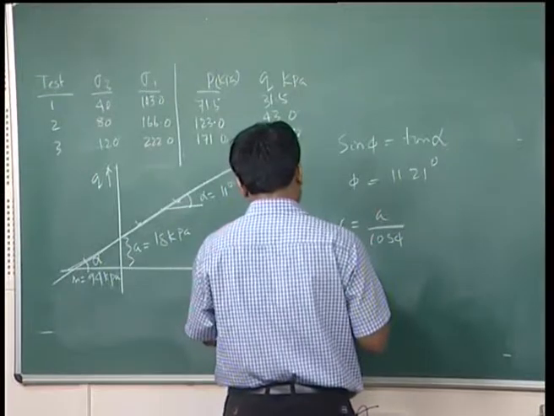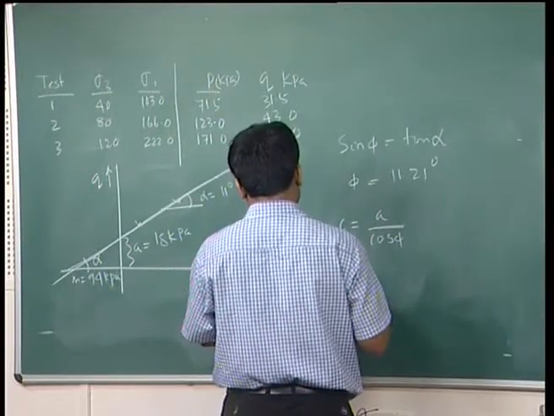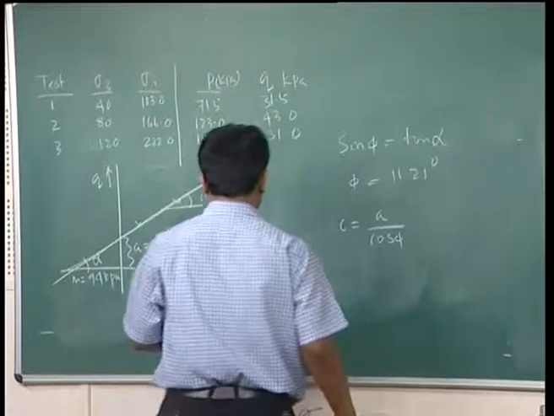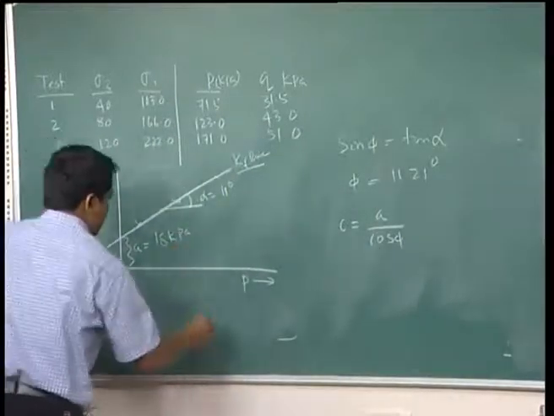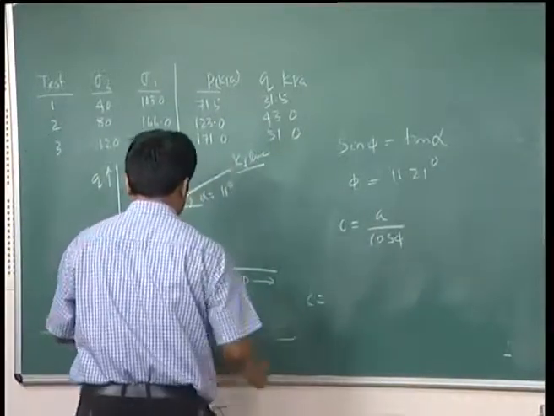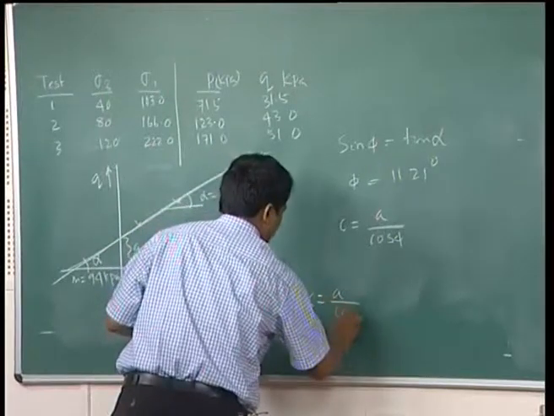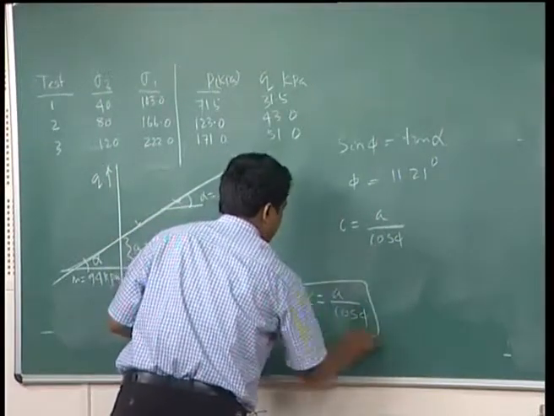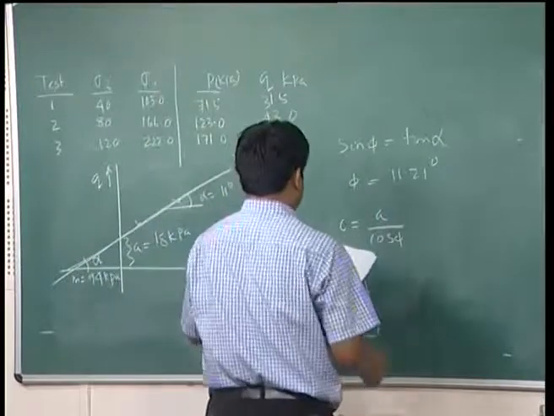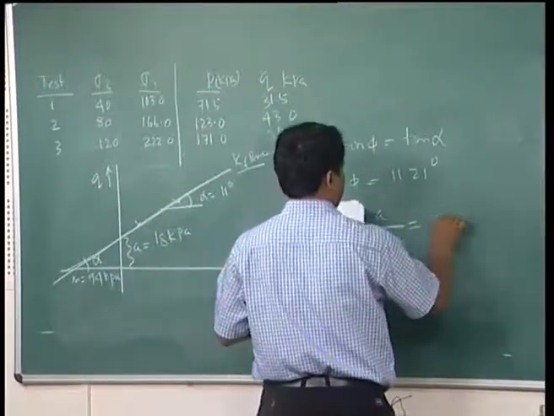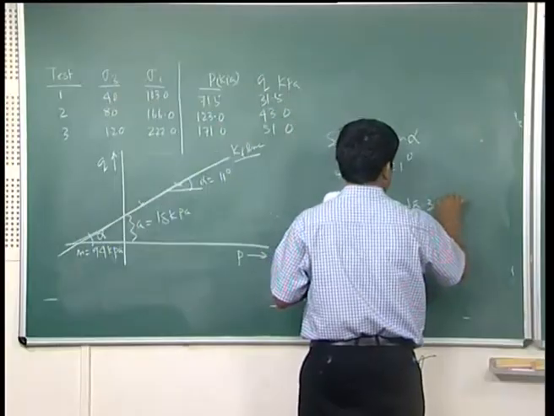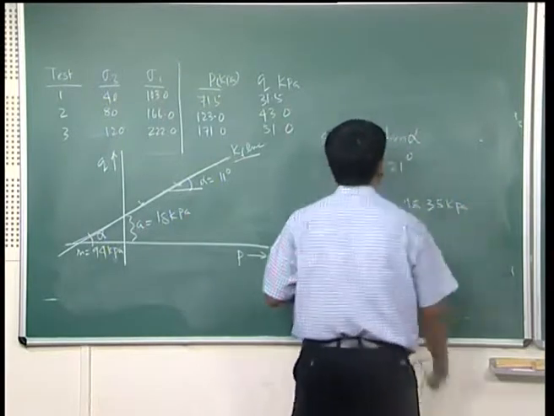As I said, C is equal to A by cos phi, which you got earlier from this relation. From there you can find 18.35 kPa.